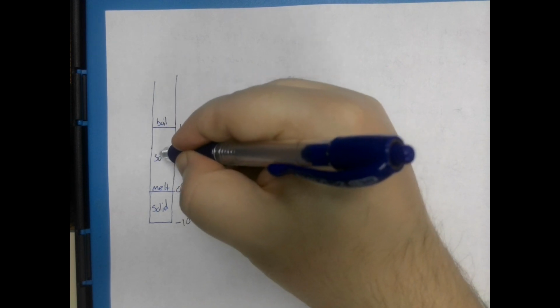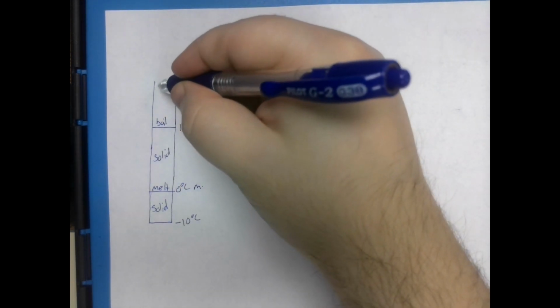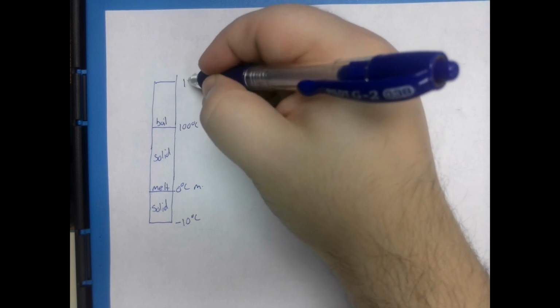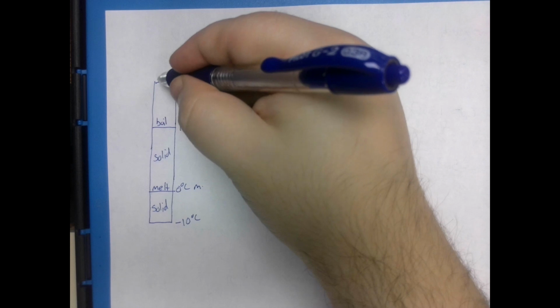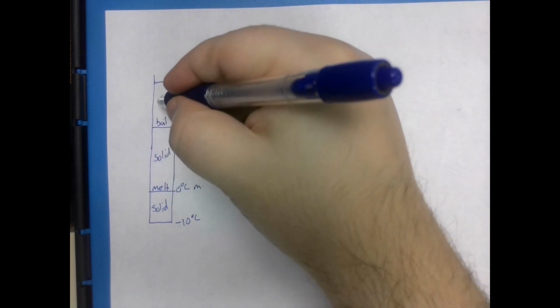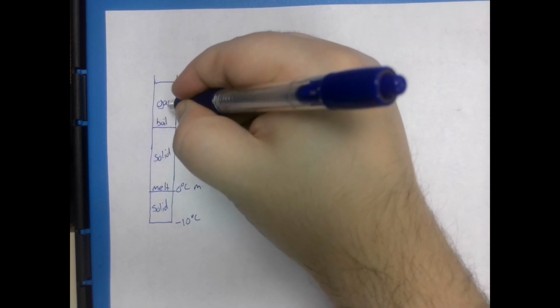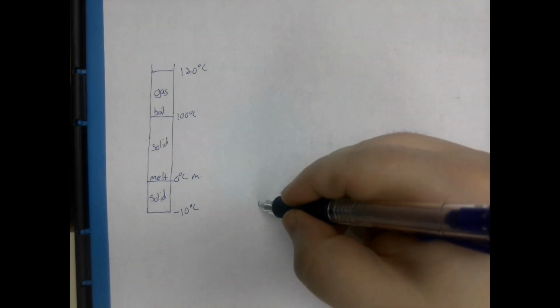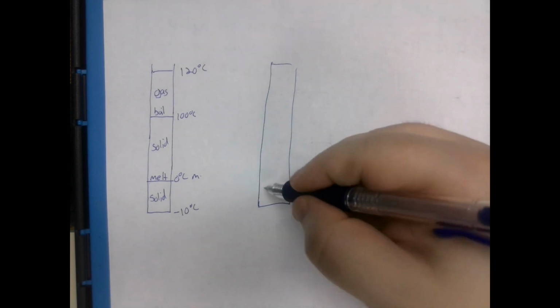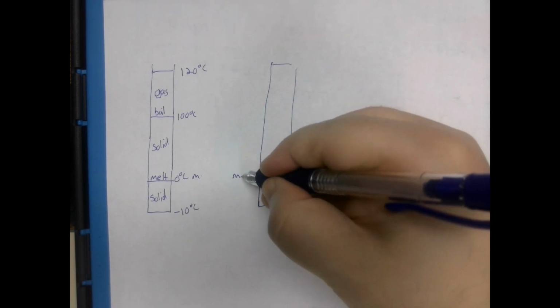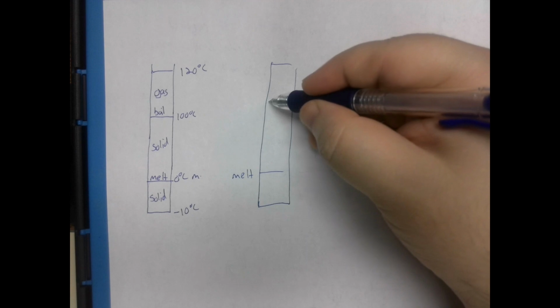It'll be liquid in the middle, and then it'll eventually reach like 120 degrees Celsius, and this will be when it's a gas. I'm trying to think how I drew this last year. I think I put melt on the side.